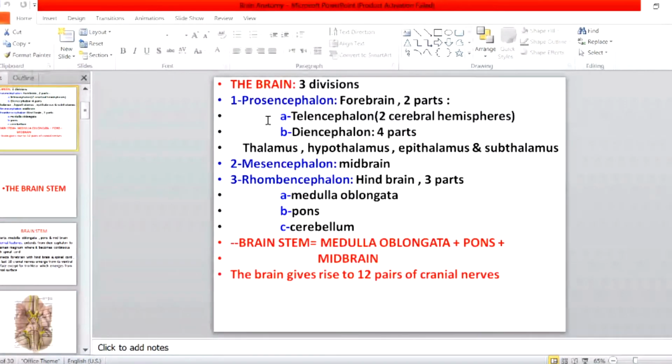Cerebellum, and pons is the bridge, and medulla oblongata is the last part, which joins through the foramen magnum to become the spinal cord. 2 parts of the rhombencephalon, that is the medulla oblongata and pons, together with the midbrain, we call them brainstem. The brain on each side gives rise to 12 cranial nerves.